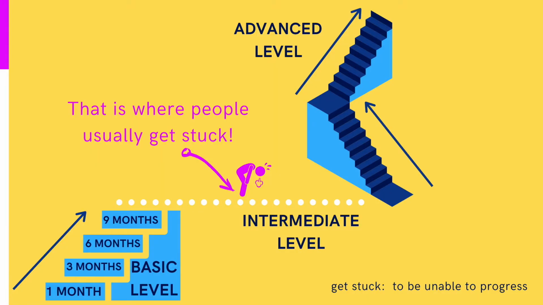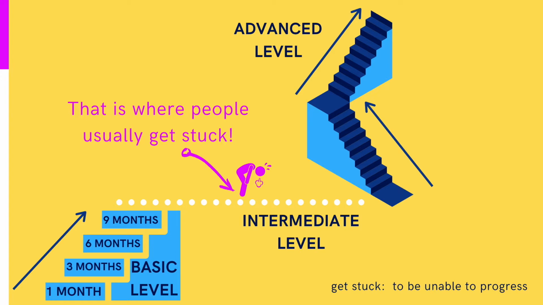Look at this picture here. While I will narrate the English learning journey of every ESL student. Can you see here? So as you can see, there is a stair, and that stair shows the basic level.